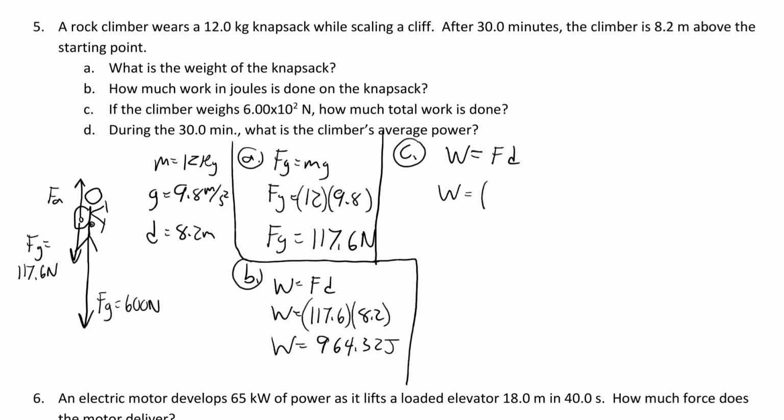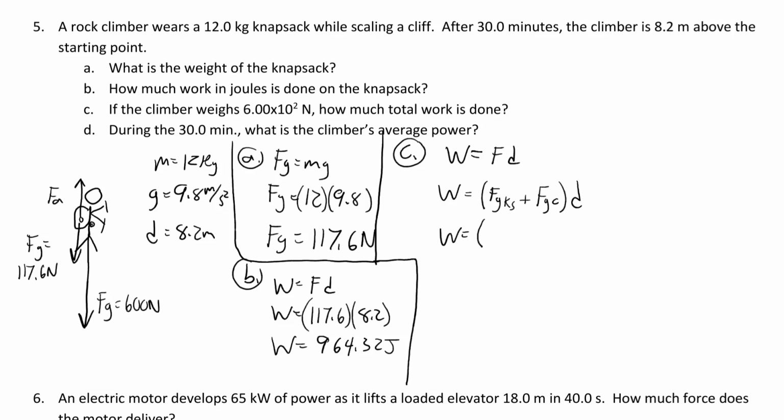You have the force of the knapsack plus the force of the, we'll call the climber, times the distance. You have to take into account both forces because the person's also pulling their own weight upwards as well as the backpack's weight.